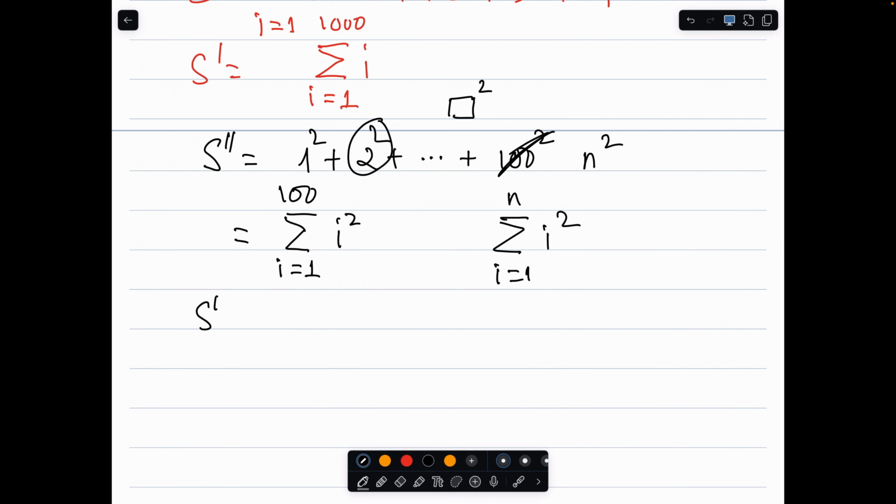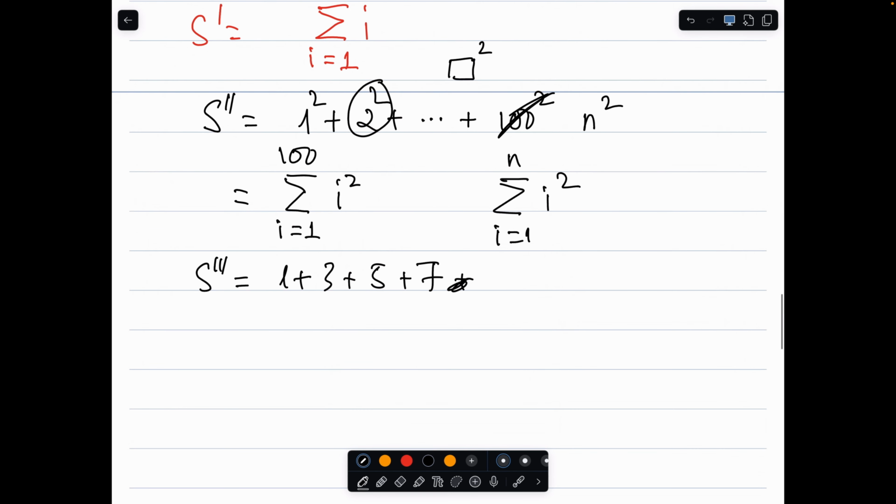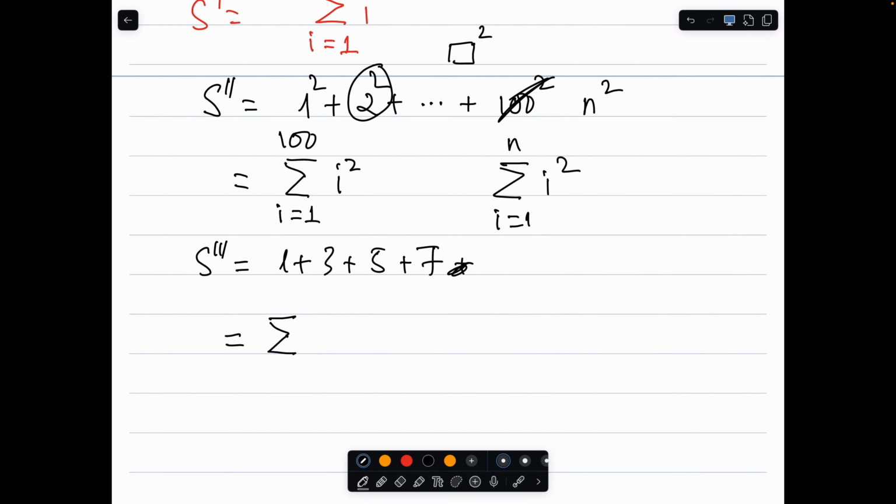What about this sum? 1 plus 3 plus 5 plus 7. Okay, that's enough. You see what I mean. You want to write using sigma notation. How to do that? Of course, sigma. Now you have to pick a term.